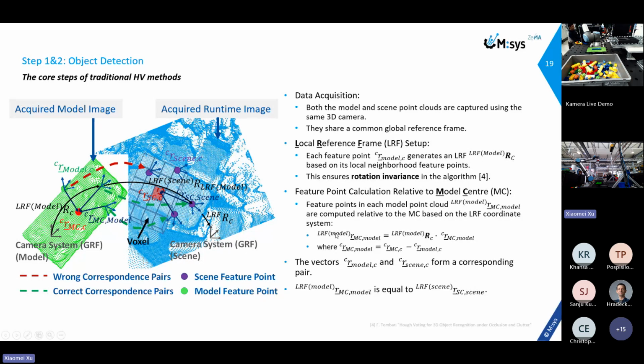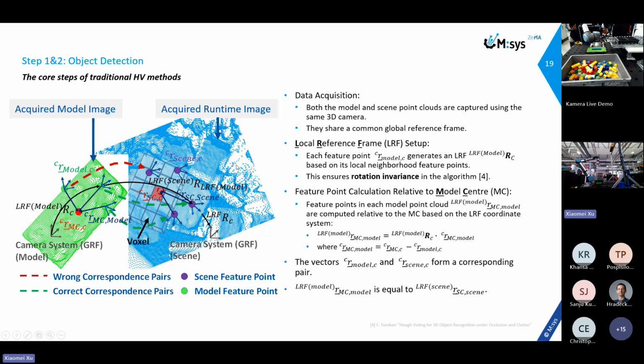Traditional methods, like the Hough voting method, struggle with effective registration due to the vast scale difference between the model and scene point cloud. Our self-developed detection tool overcomes this challenge through the following steps.